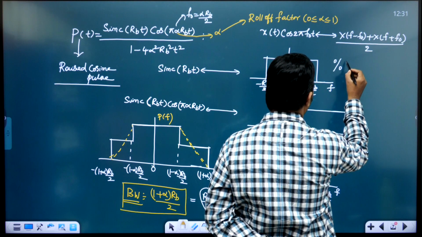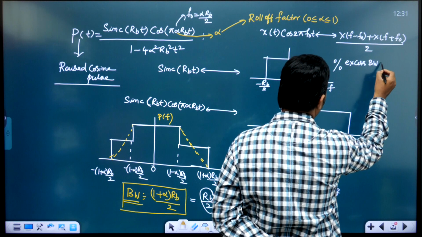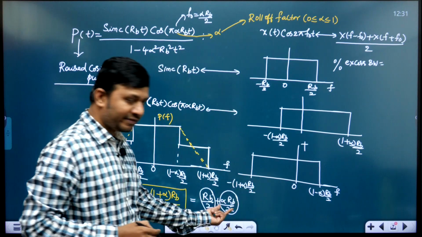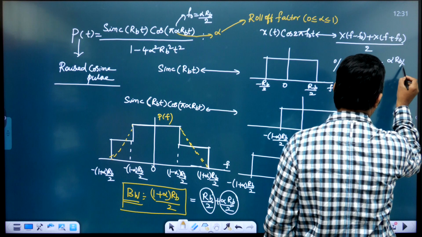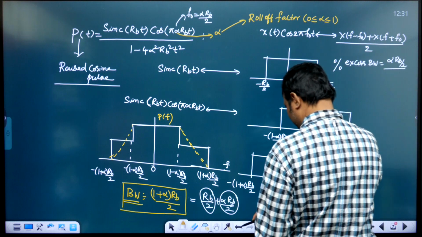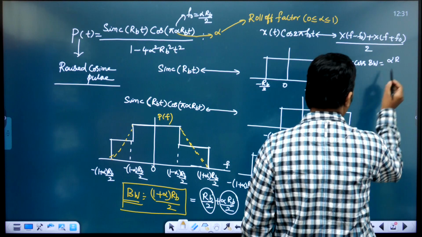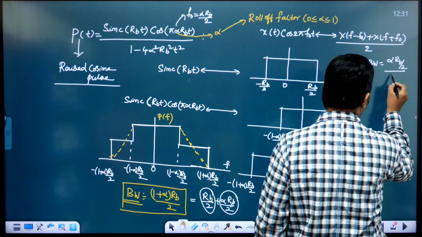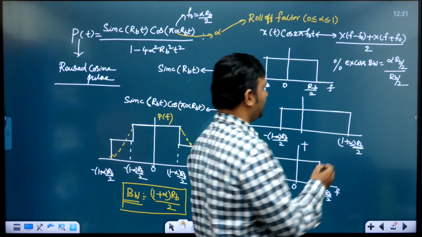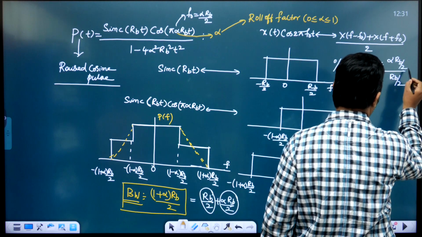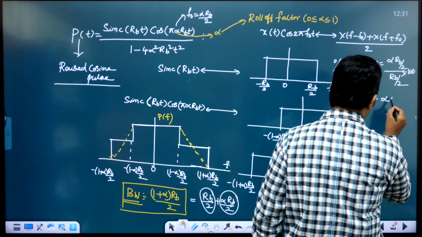Percentage excess bandwidth is nothing but this extra bandwidth divided by the original bandwidth, meaning before the raised cosine pulse, multiplied by 100. So it is alpha into 100.